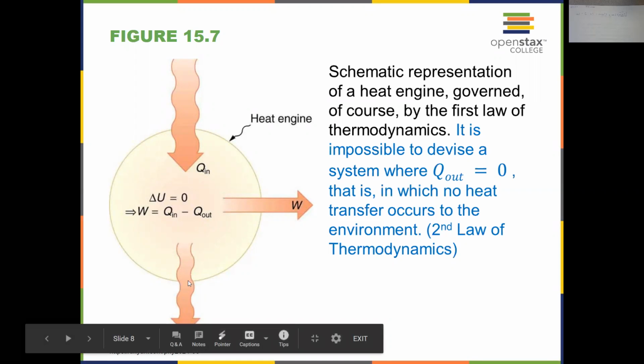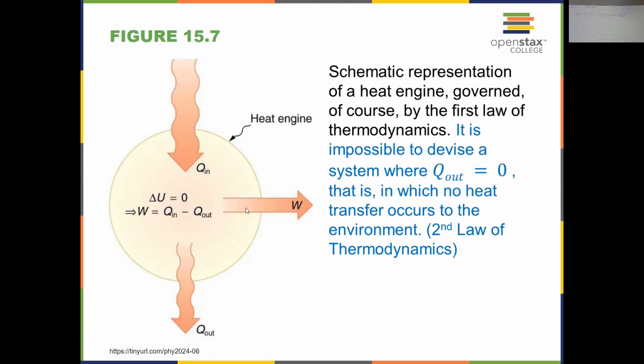A heat engine operates in cycles. For each cycle, it starts at the same condition as initially, and when the cycle completes it returns to the initial condition. So the change in its internal energy will be equal to 0.